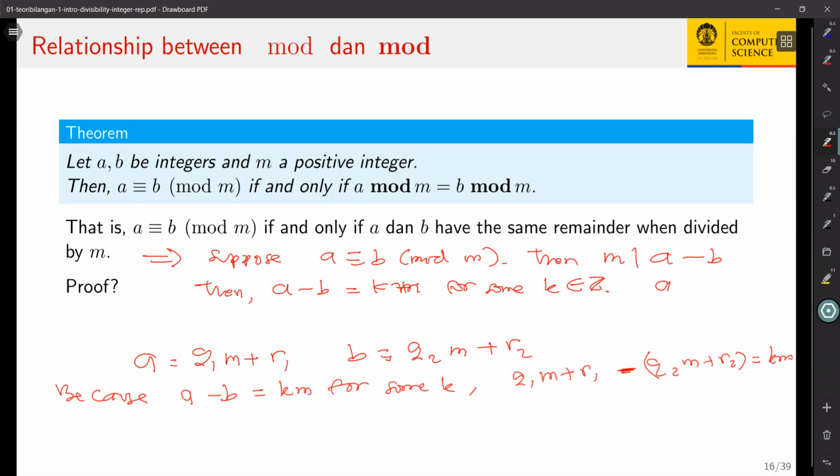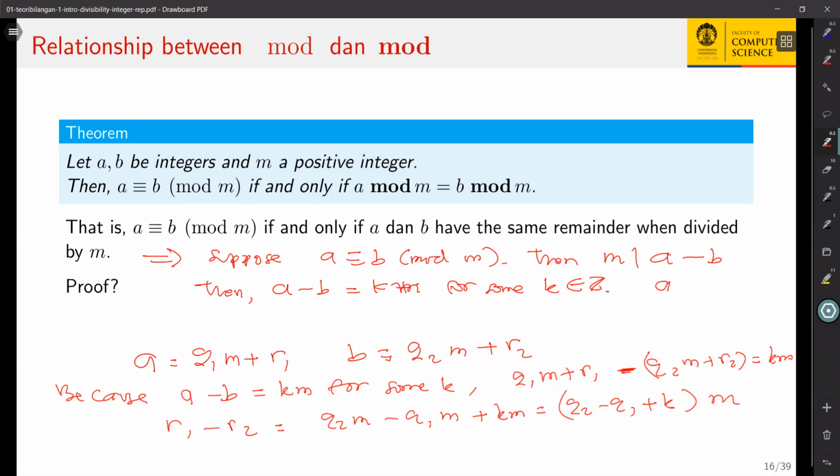So this is the same as writing it down. You want to say that R1 must be equal to R2. So R1 minus R2 is the same as Q2M minus Q1M plus KM, which is Q2 minus Q1 plus K times M, right?